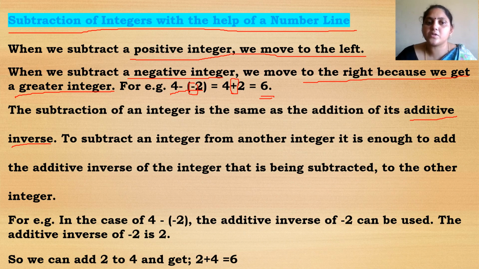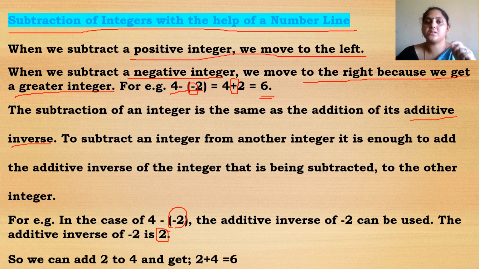The additive inverse of minus 2 is plus 2. Additive inverse means the same number with a different sign. Here minus 2 we have changed to plus 2, that is the additive inverse of minus 2. So we can add 2 to 4 and get 2 plus 4 is equal to 6.